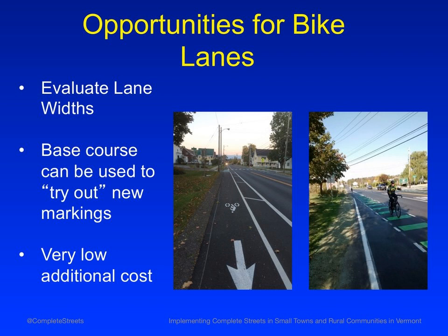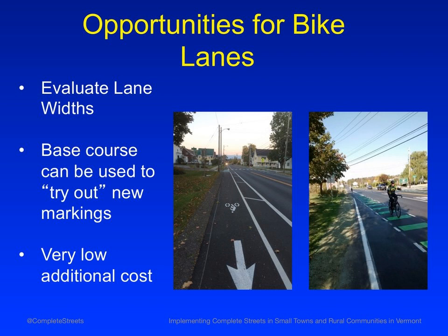So just one more rehash of this idea, but opportunities for installing bike lanes, really take a look when a paving project is coming up at what the existing lane widths are out there, how many lanes there are, and whether they are really all needed from a traffic perspective.